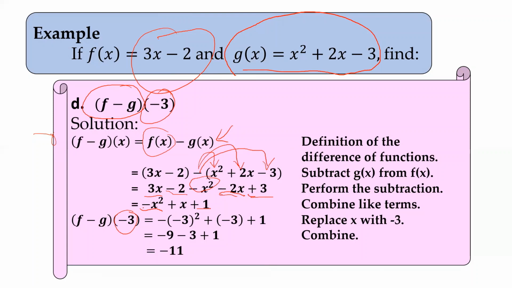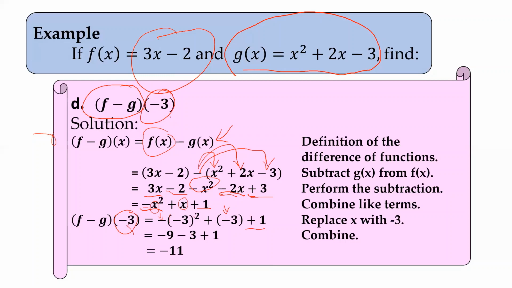Yung negative, bring down. Tapos, yung x dito, naka-parentheses kasi negative 3 siya. So, palitan natin ng negative 3. Then, squared. Plus, yung x na naman dito, papalitan natin ng negative 3. Naka-parentheses pa din. Then, bring down plus 1.